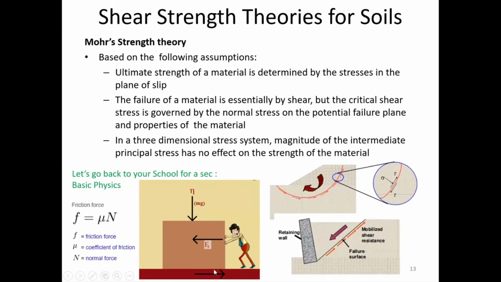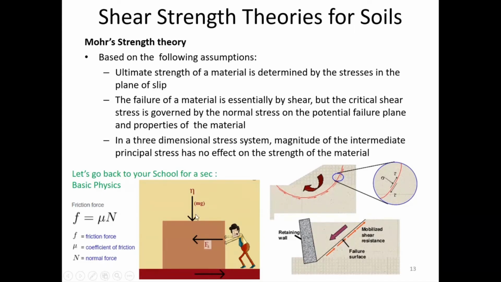Right, there is some friction between these two surfaces, so that coefficient of friction is dependent upon many parameters, like the angularity of the surface, how rough the surface is, etc. In the case of soil also, you can relate it to how angular your soil particles are, or how lubricated your soil particles are, right? So on this plane, some frictional force will be developed, and that is a function of the coefficient of friction multiplied by the normal force.